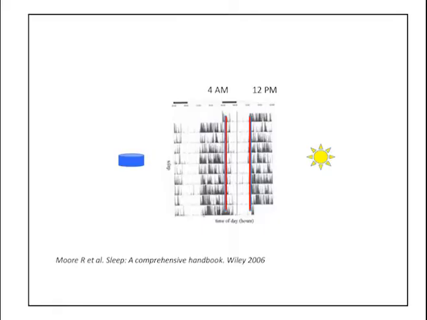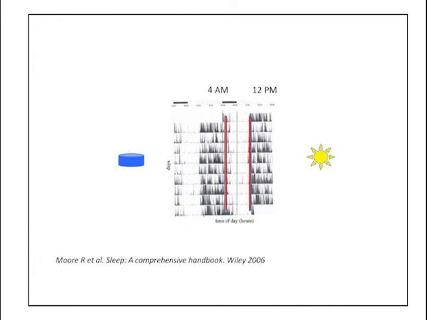So here you have a patient who has delayed sleep phase. This is a teenager. This is actigraphy. Actigraphy measures activity, which we think is wakefulness, and then no activity, which is either rest or sleep.